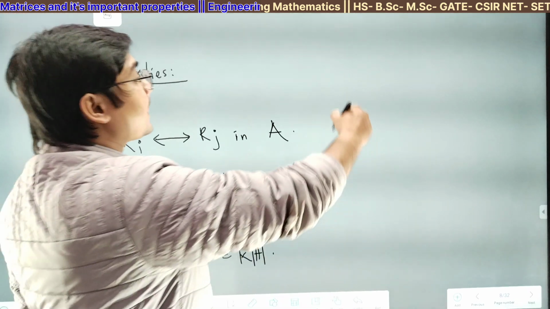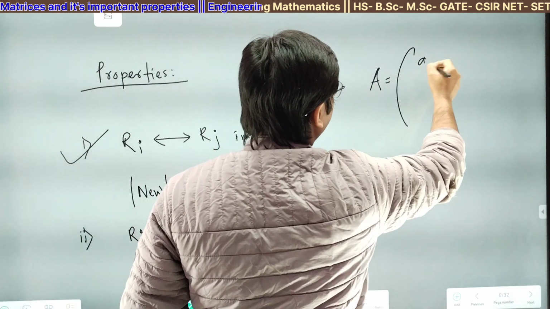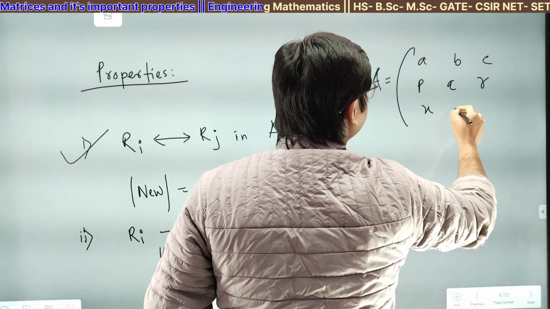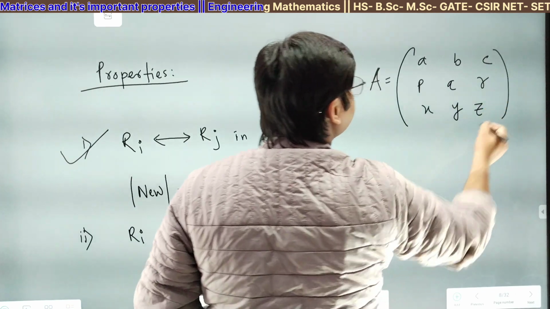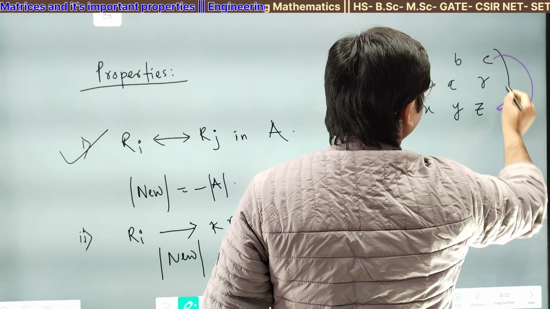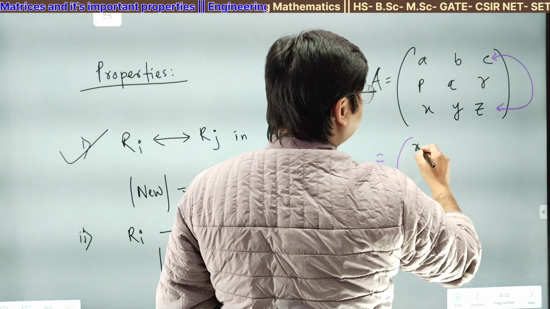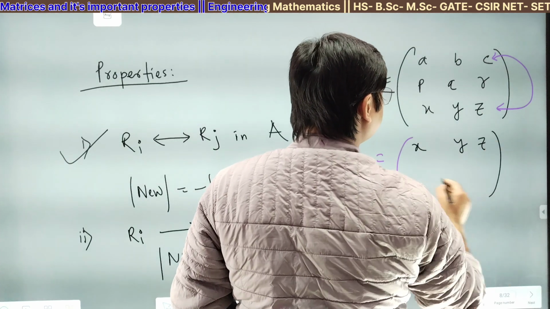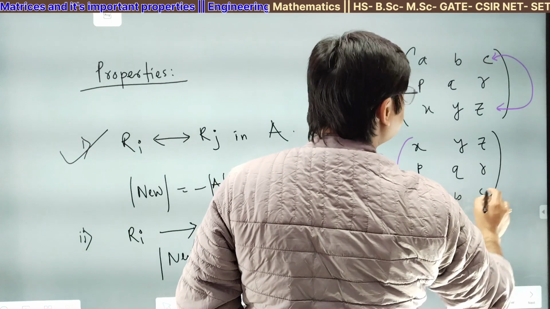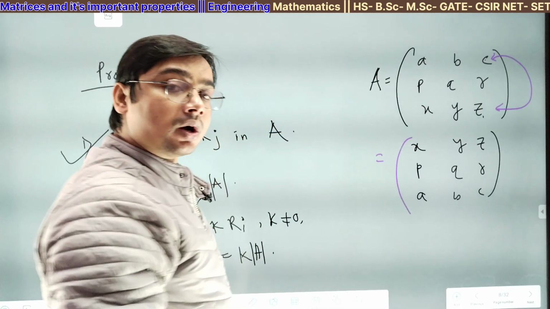So suppose we consider a matrix A. So suppose this one, A B C, P Q R, X Y Z, and suppose we want to interchange these two rows. Yes, that means X Y Z, P Q R, A B C. Here you see just we interchange the first and third row.